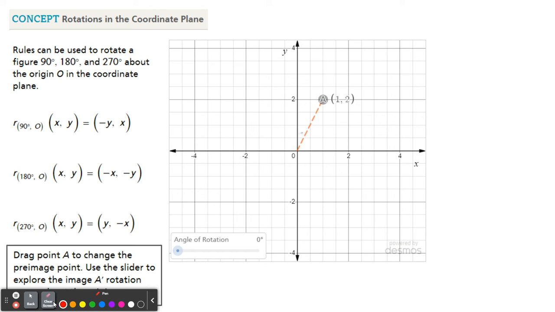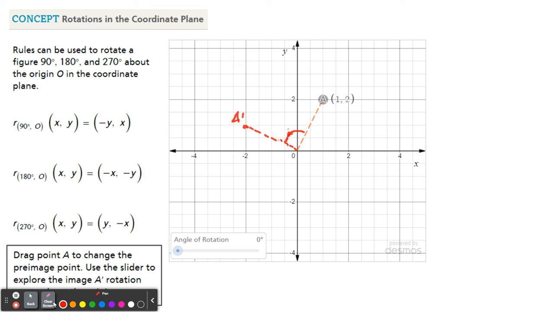Again, 90 degrees counterclockwise is going to be this way, to your left. If I make this a 90-degree angle, it'll be about there, and if I go about the same distance out, there we go. Notice where A prime ends up.